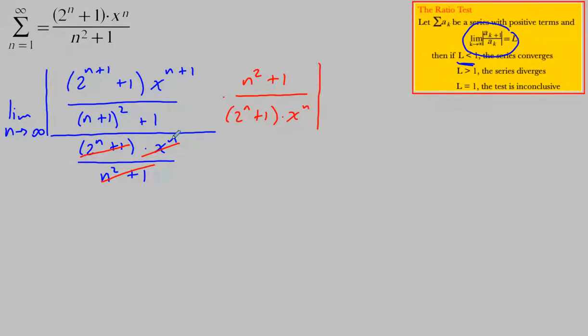Okay. Next thing I'm going to do is put some things together so it might be easier to see what happens in this limit. So we're looking at the limit as n approaches infinity, and it is a big absolute value.